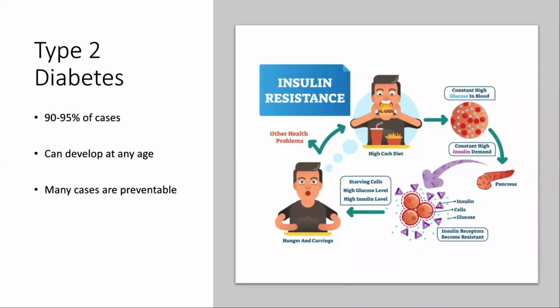Not all type 2 diabetics are represented by this chart, but in America, a large percentage of type 2 diabetes patients do represent this kind of graphic, where we eat a lot of junk food in America. That keeps our blood sugar up all day long. And then the cells in the pancreas are always pumping out insulin to keep up with all of that sugar in our blood. And then eventually the pancreas just can't keep up anymore, and our cells actually become resistant to the insulin that the pancreas is pumping out.